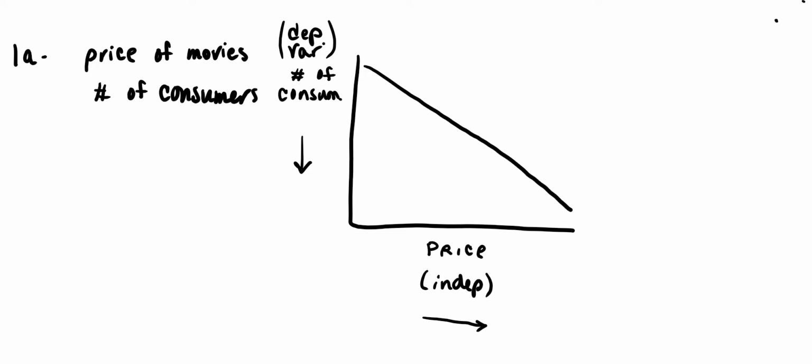So let me just pick 2 points. For instance, let's say that I am right here on this line. Well, this line represents something, and what it represents is first the price that the movie is going for. Let's say that at this price, the price of going to the movies is $30 a ticket.